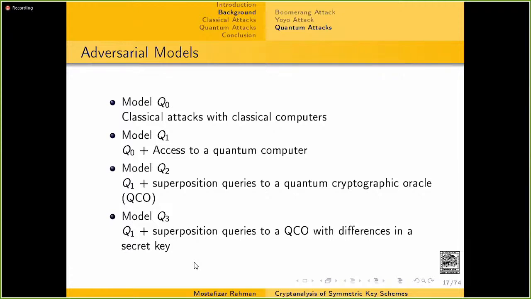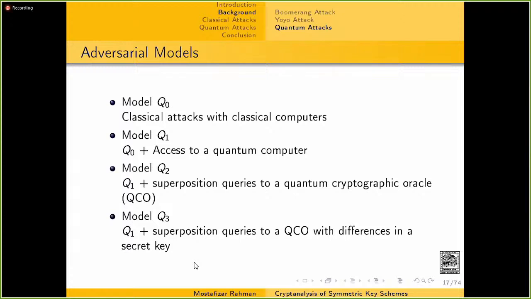Okay, that means you have access to quantum computers as well as the classical oracles as well as the quantum oracles, right? Yes, we have access to a classical oracle also. In addition to that, I also have access to a superposition oracle.